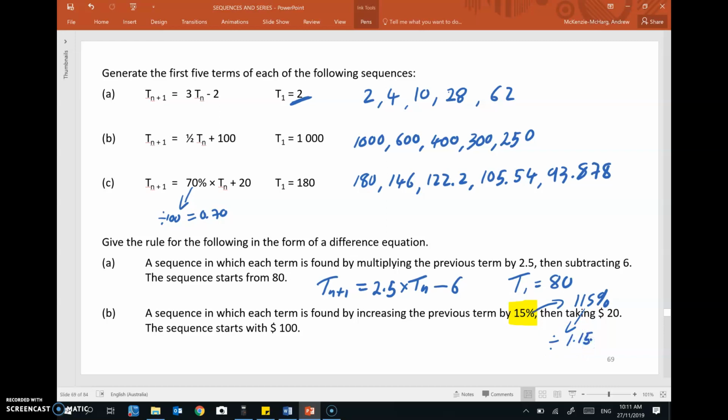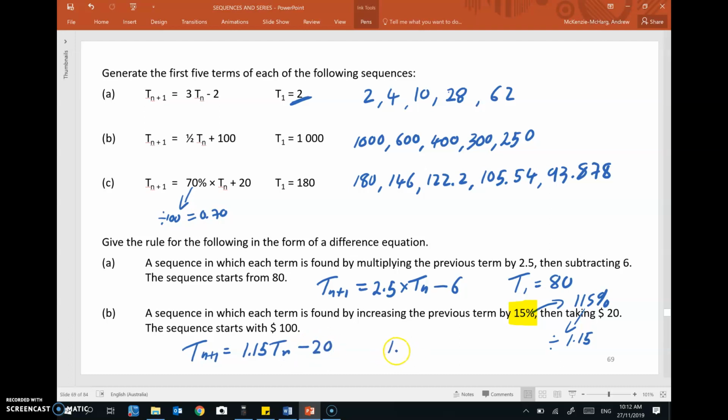That's the number. I know up here they used a percentage to multiply through, and that's probably okay, but I want you to get used to using this decimal in the equation, because that's how you need to work out how to get from one term to the next. So in this case, Tn+1 is equal to 1.15 of Tn, and we're taking $20 away.